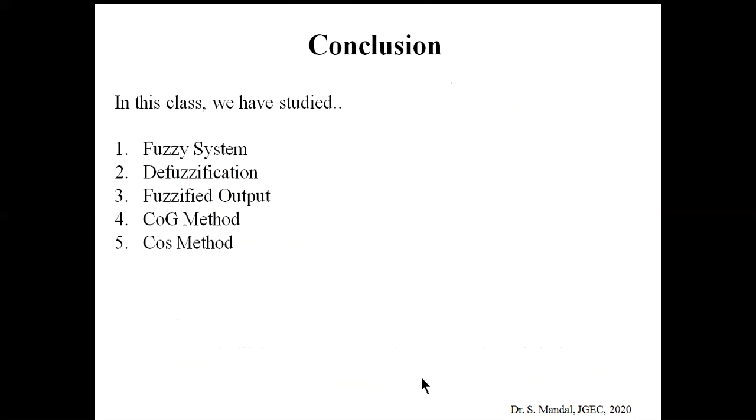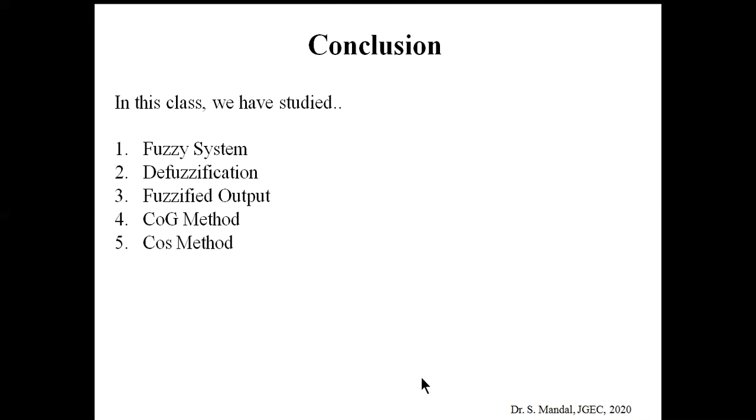So in this class, we have learned the basic modules of the fuzzy logic controller or fuzzy systems, and after that we observed the necessity of the defuzzification process, and we also studied the COG method, center of gravity method, and the COS or center of sum method for defuzzification. The centroid methods are very popular, although there are other techniques like the lambda cut method, weighted method, or the MOM method.